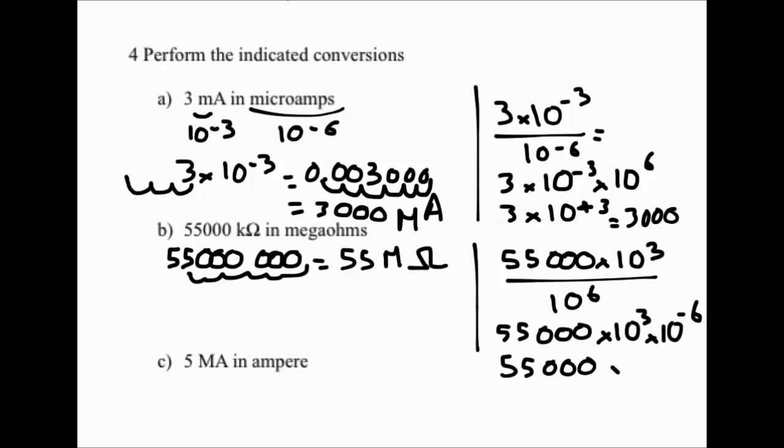Again, here the 2 add up, so 3 minus 6 gives me 10 minus 3. And 10 minus 3, I remove 3 zeros. So I move my decimal point here. That's 55 mega ohms. Okay?